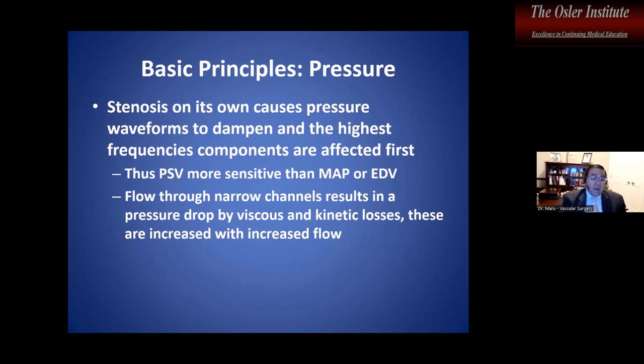Especially at an institution where I get a lot of outside studies, they always give me some funky percentage, like 40 to 69% stenosis. I'm like, well, what does this mean? So I always look at that peak systolic velocity first.